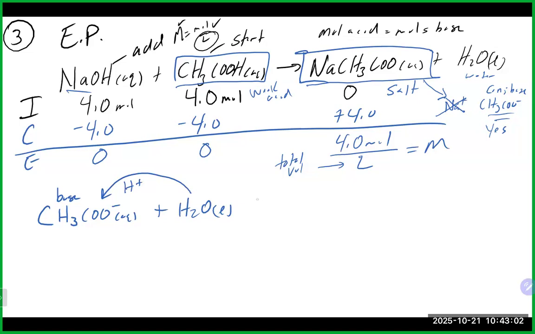So we will get the H plus being accepted, and it will always happen where it came from. So we'll produce basically acetic acid, and it will produce hydroxide in this case. By the way, before I finish my calculation, I should already know my answer should be basic, yeah, because we are producing hydroxide, right?